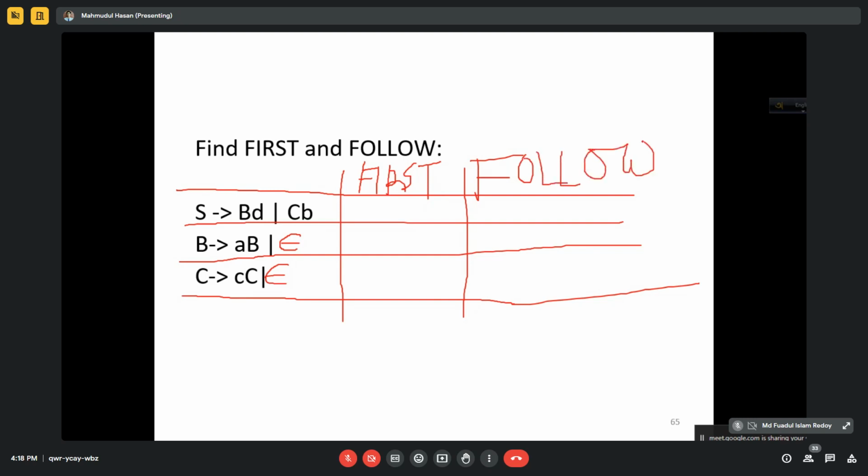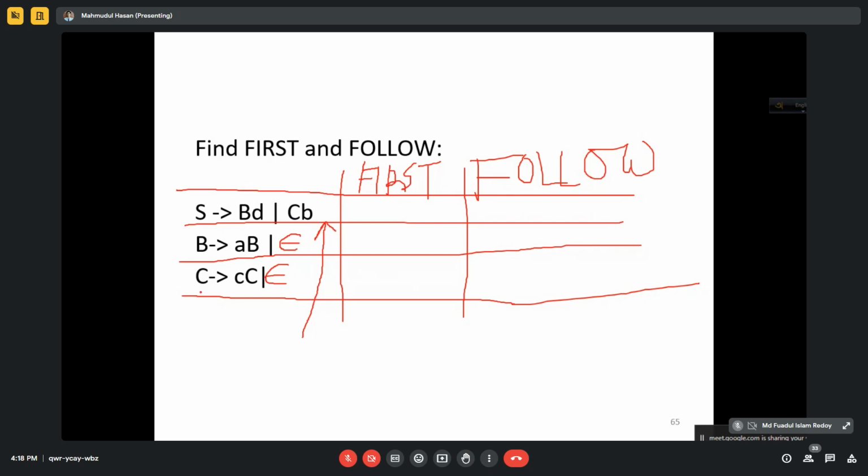In the case of first, it is better if you start from bottom to top, because the bottom production rules always contain fewer non-terminals, that means more terminals.